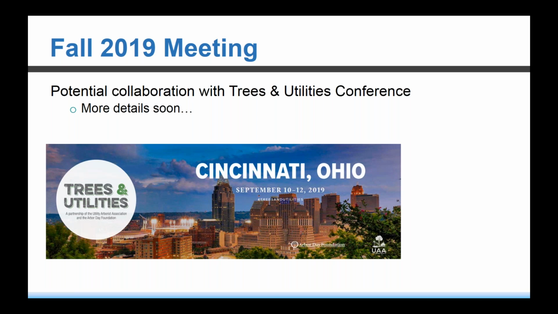The details have not been firmed up, so it's still kind of an idea that we're processing. It would be in many ways similar to co-locating our meeting with President's Fest this time around, although possibly integrating a little bit more of our sessions into their conference agenda. So we welcome any feedback or thoughts you have on that.